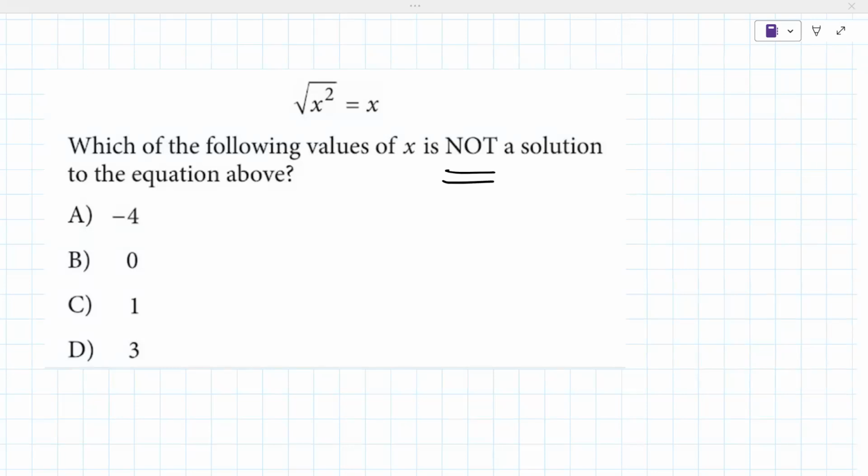Yes, because that is a solution. Okay, it's A. A is the only one. So "not" actually means that there are three that work and one that does not work. It's a little bit of a mind leap to do this.